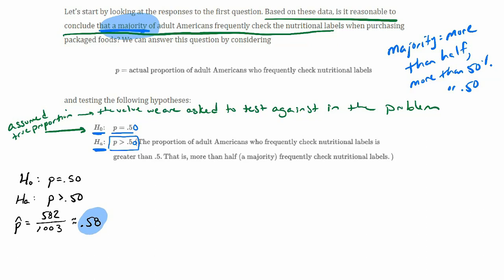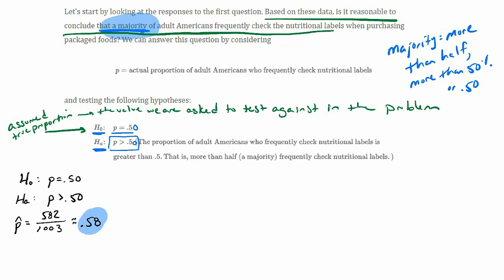That's what we're looking at with this question. Say we took a sample and it came back 58%. Somebody decided to ask, is it likely then that for all people more than half check labels? Does that apply to the population or just this sample? That's exactly what we're looking to compute here, and the way we do that is with these hypothesis tests.